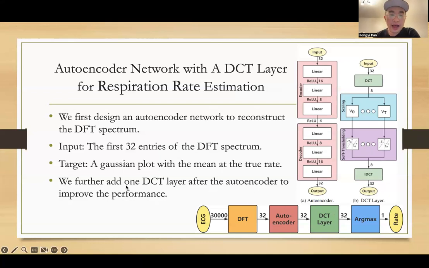Furthermore, we add a DCT-based layer after the autoencoder to improve the performance of the autoencoder. And the input and output of this DCT layer are also 32. So how do we implement it? We apply the DCT to convert the signal into the frequency domain.